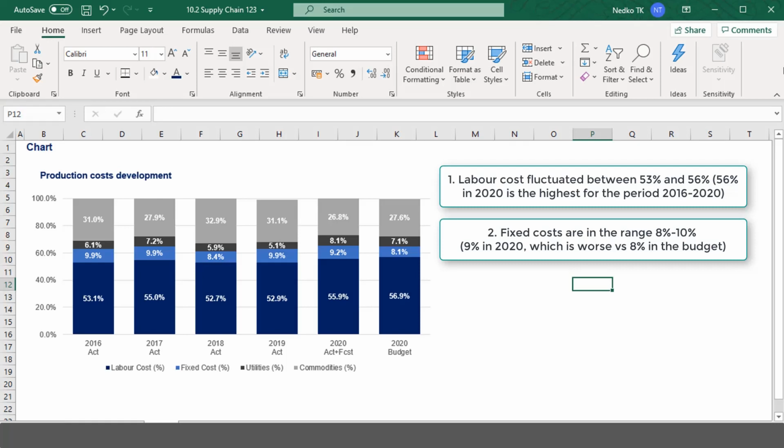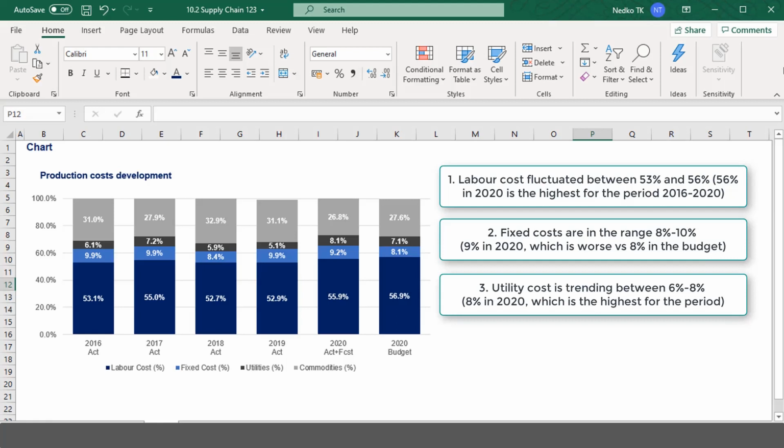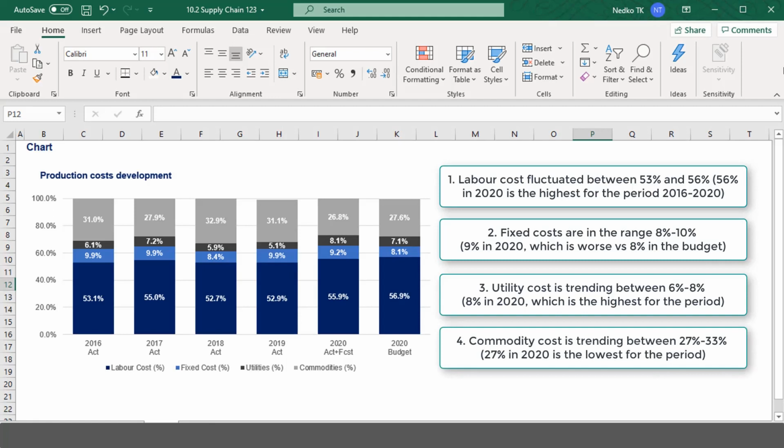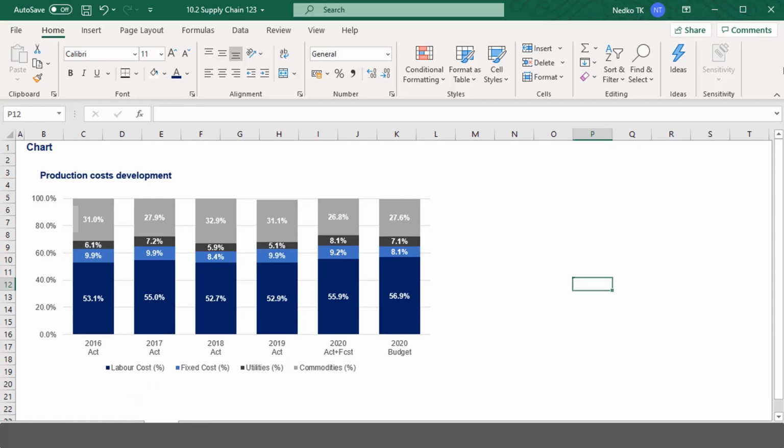The utility cost is trending between 6 and 8%, with 8% in 2020 the highest cost since 2016 and worse than budget. In contrast, the commodity cost is trending down, starting from 31% in 2016 towards 27% in 2020, which is also 1% lower compared to budget.